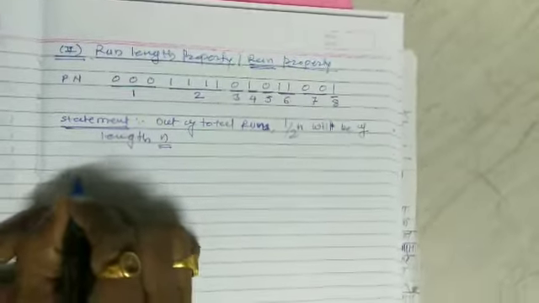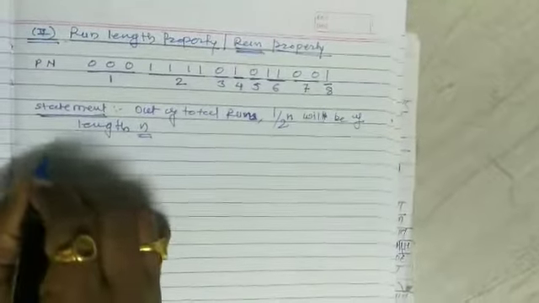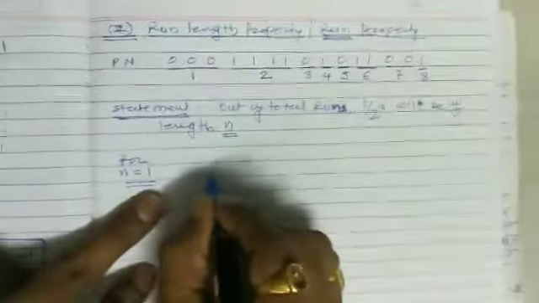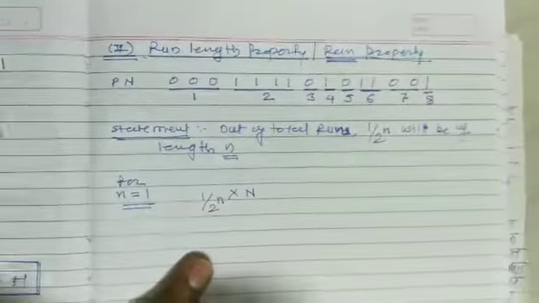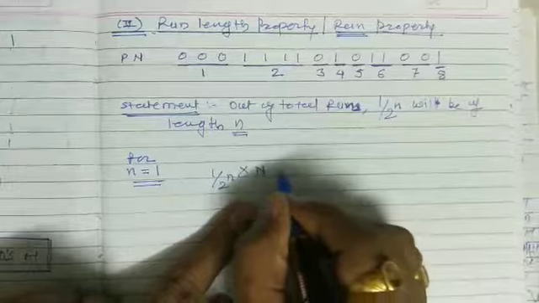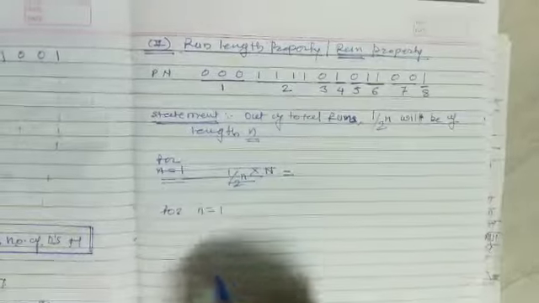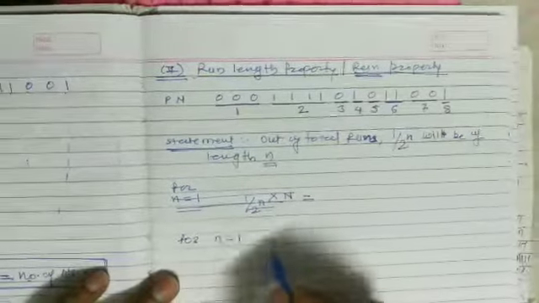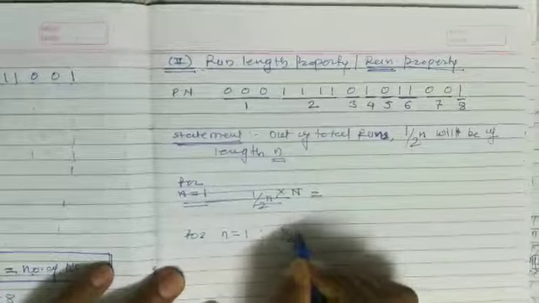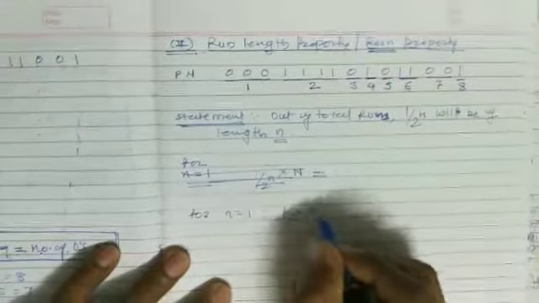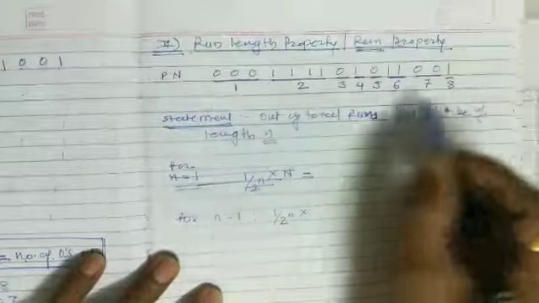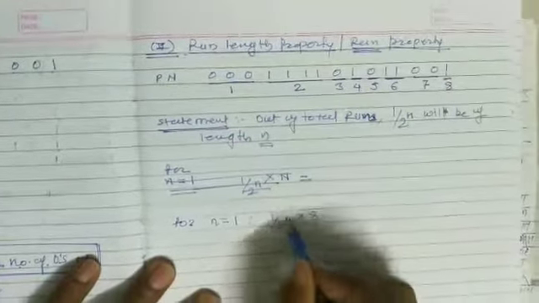For example, if we take n equal to 1, and want to find the number of runs of that length, it is given as 1 by 2 to the power n into the total number of runs. Here the total number of runs is 8. So it is 1 by 2 to the power n into 8.